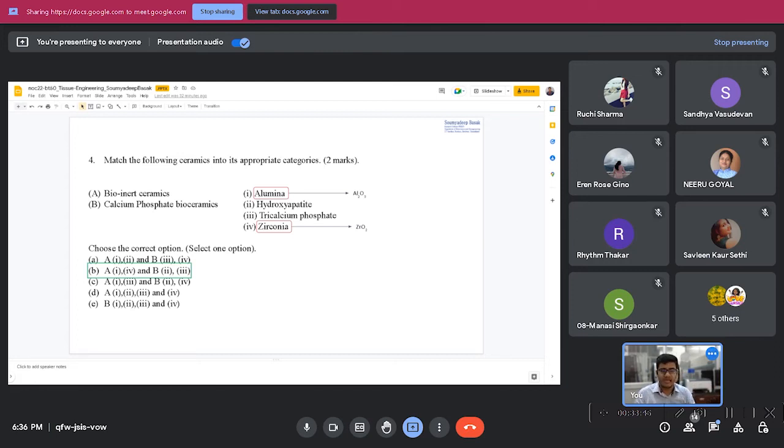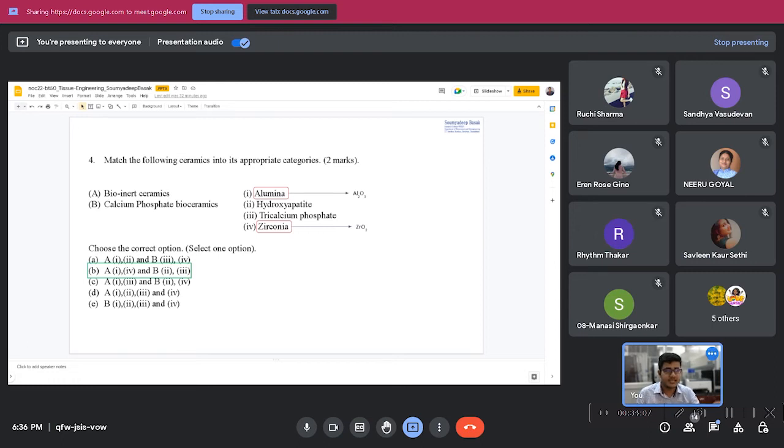That's why alumina, this kind of ceramic material, is used as an implant for bone. It doesn't have any effect on bone regeneration phenomena. It is just a replacement for the bone. That kind of application it has, alumina.